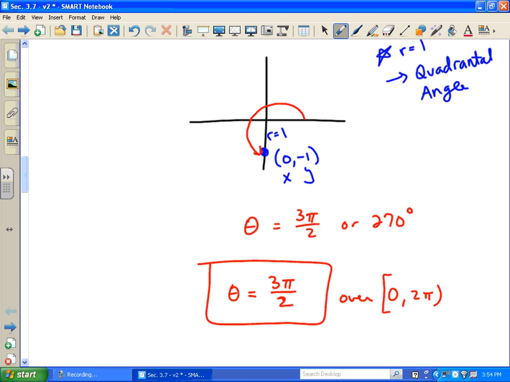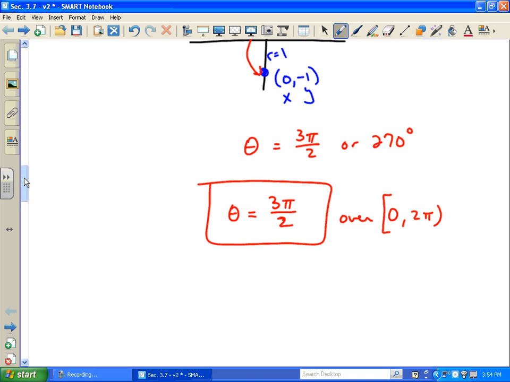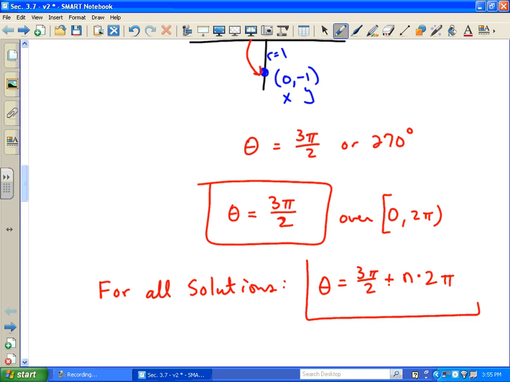It also asked me to give all the answers, and so for all solutions, I would take that single angle, theta equals 3 pi over 2, and I would add n times 2 pi. And that would get me all angles that are coterminal to 3 pi over 2. This concludes this example on solving trig equations.